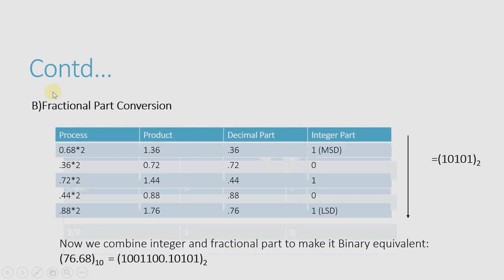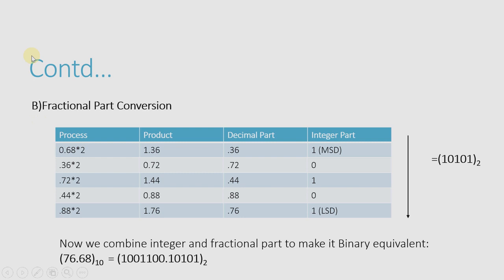Now next we look at how to convert the fractional part. Again we create a table with four columns: the first is process, the second is product, the third is your decimal part, and the fourth is your integer part. As we said in the steps, in the fractional part we multiply the fractional part with the new base. Again we are converting into binary, so the base is 2, and we multiply with 2.